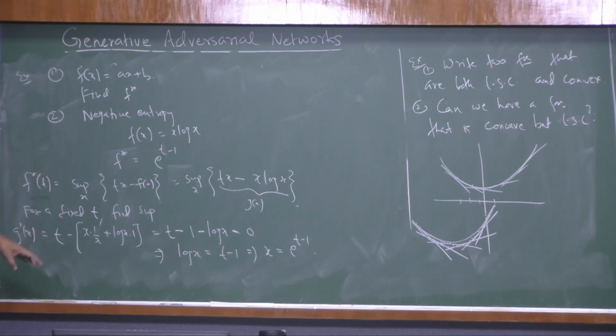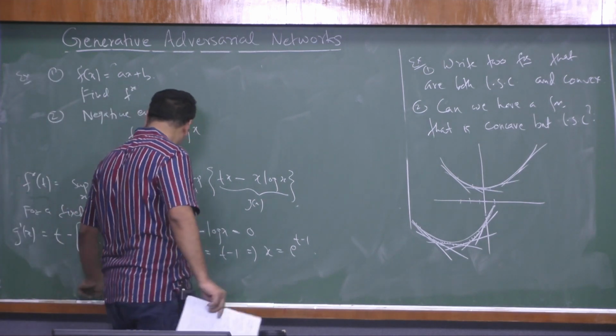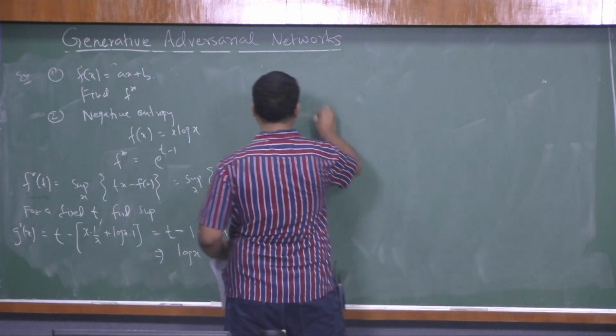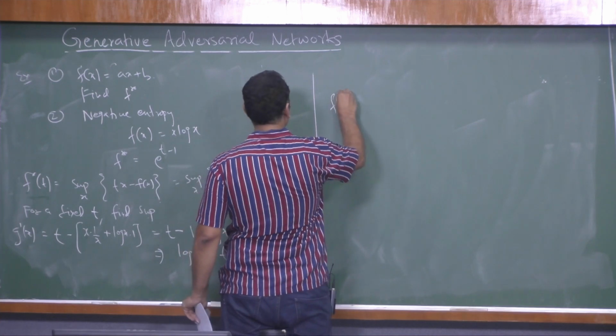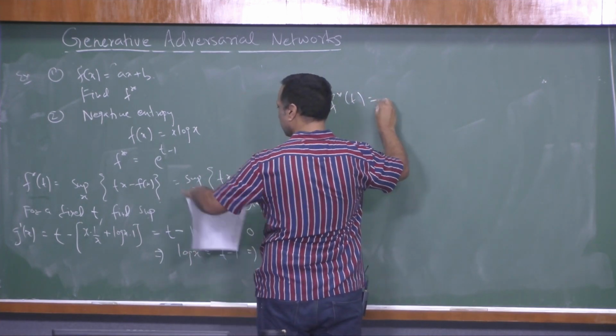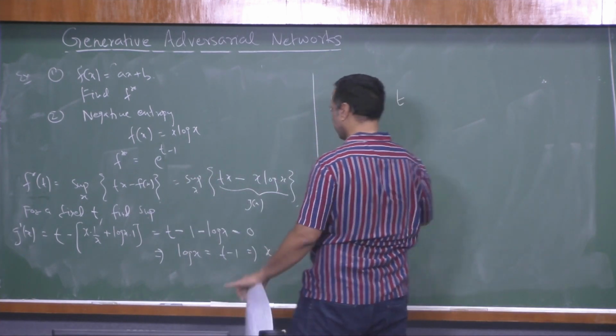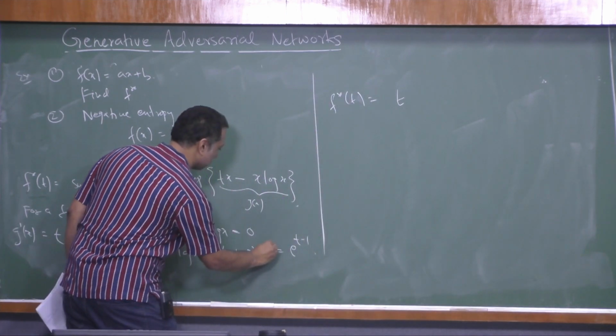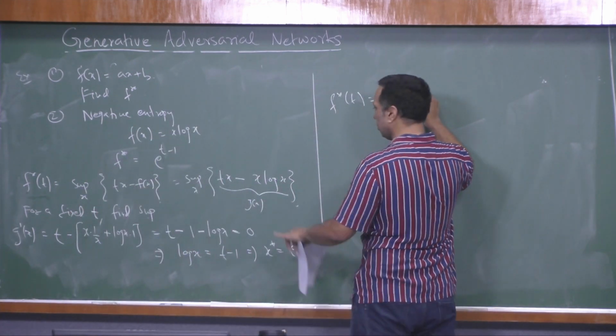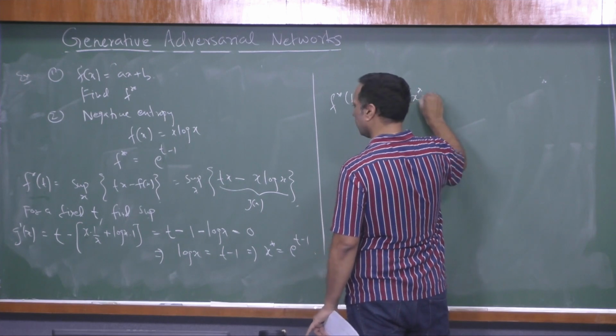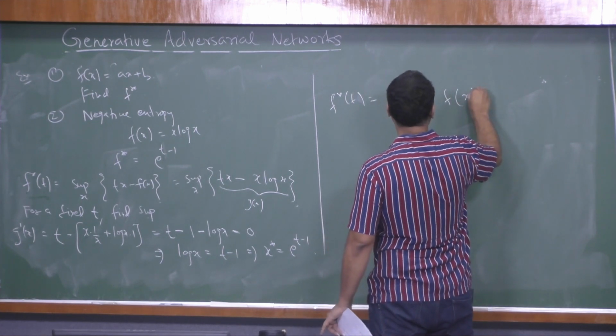Now I am supposed to substitute the x. There is one more step. This is the x for which this is maximized, let us call it the optimal x star. So f star of t must be t times x star minus f of x star.